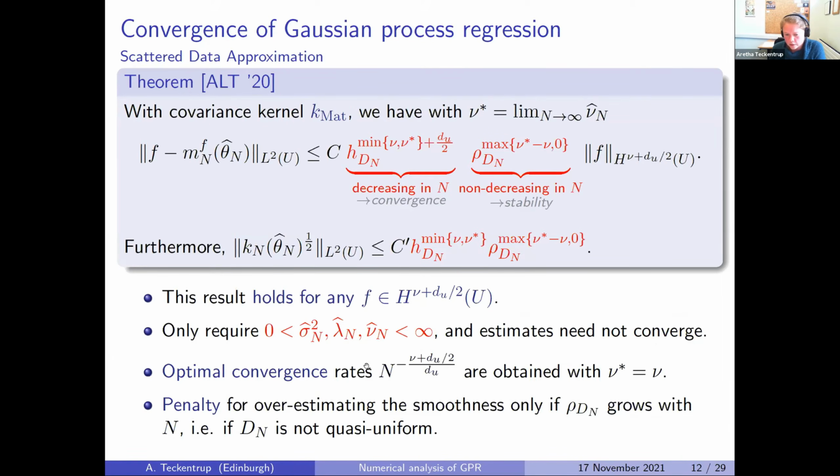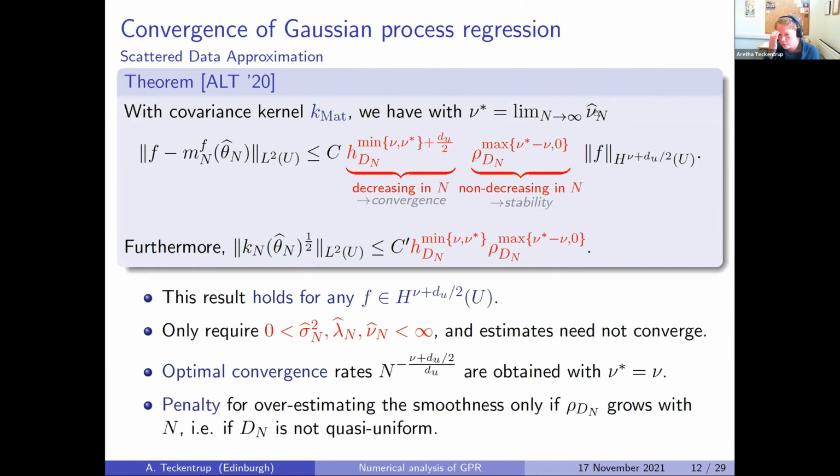In some cases, you can get the optimal rates. So these are optimal rates for functions f in this particular class. And the final comment with this stability result that we had here, so this term with the mesh ratio rho, that really only comes in if you are overestimating the smoothness, right? So the nu star here is kind of the limit of your estimated smoothness.